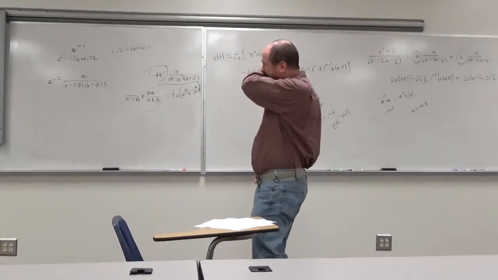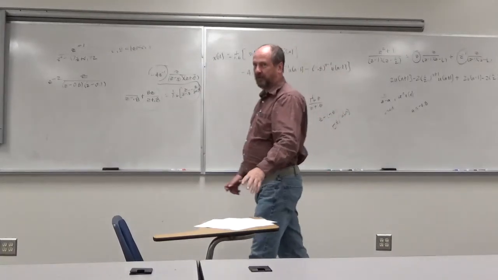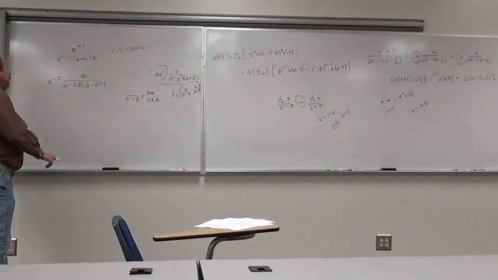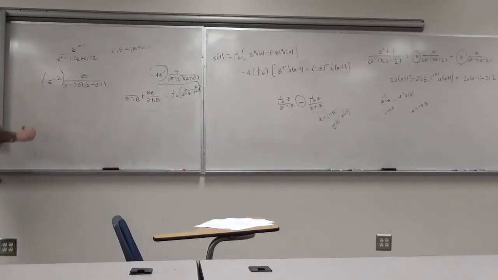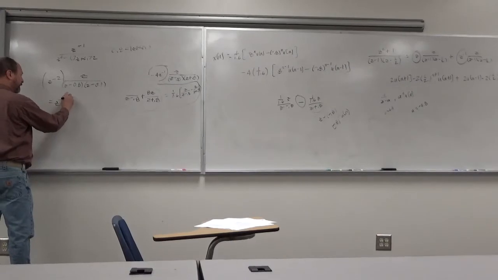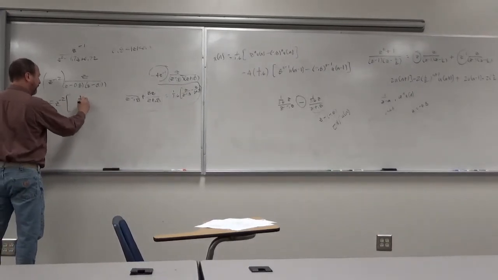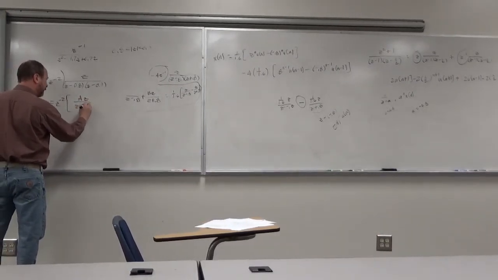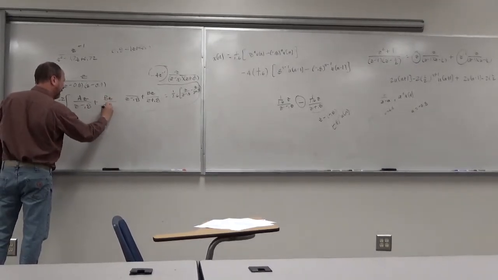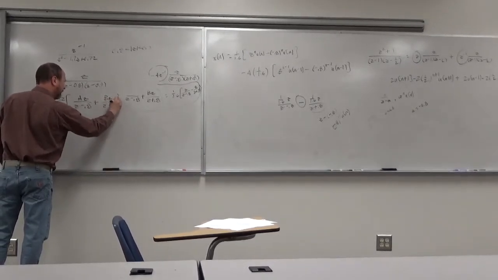Yeah. These are not just random numbers I made up. So now we've got that, and the z to the minus 2, we know what to do with that, and we have a z up there, so we're good. I'm going to write this as z to the minus 2, times az over z minus 0.8 plus bz over z minus 0.9.